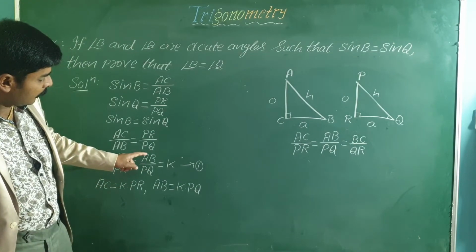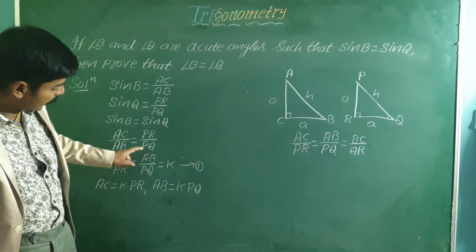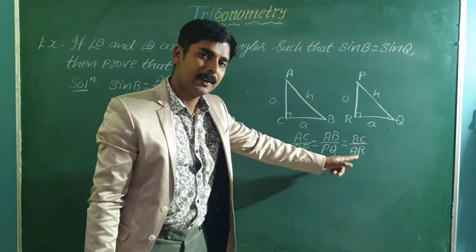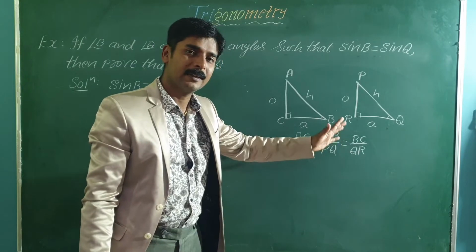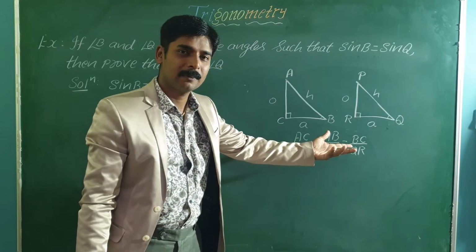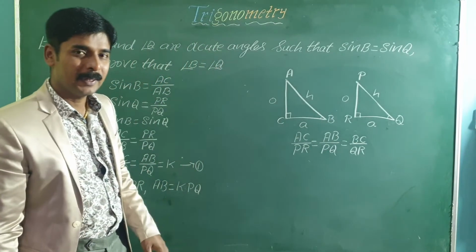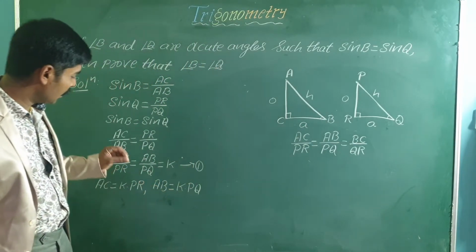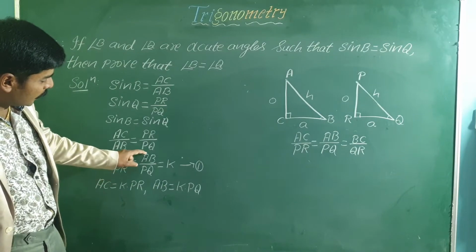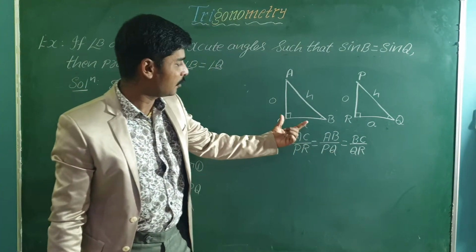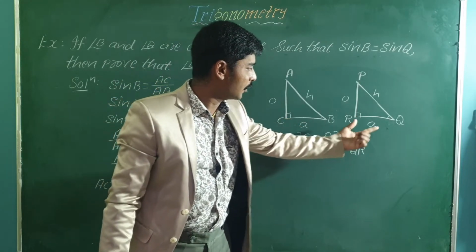If I can prove that this is also equal to BC by QR, then I can say that these two triangles are similar. Once it is proved that they are similar, then angle B will be equal to angle Q. Now our intention is to prove that AC by PR is equal to AB by PQ is also equal to BC by QR. Where we have BC? We have BC here, we have QR here.